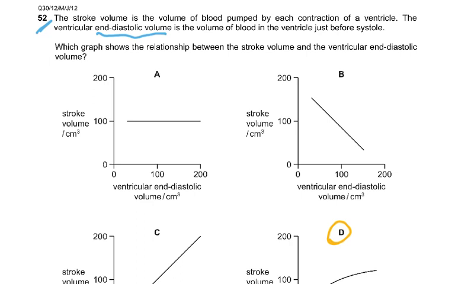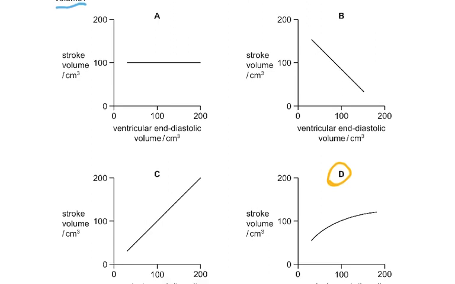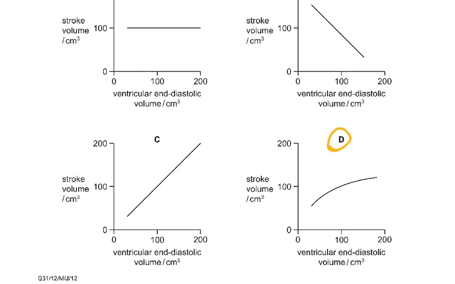Which graph shows the relationship between the stroke volume and the ventricular end diastolic volume? So more the stroke volume, the less will be the end diastolic volume. Now they've given you stroke volume and the ventricular end diastolic volume.